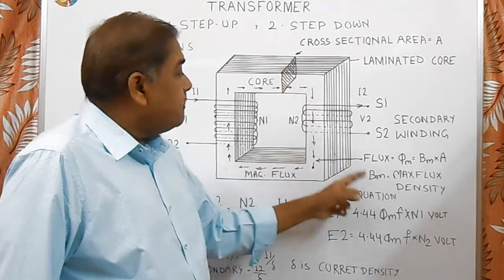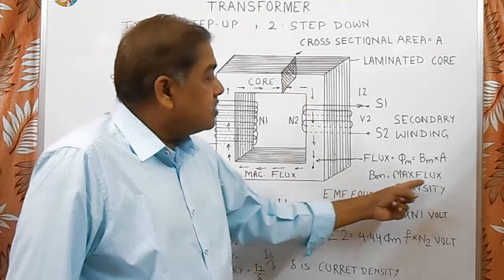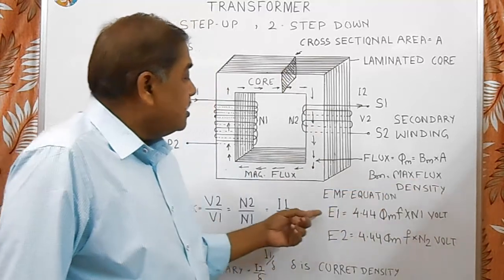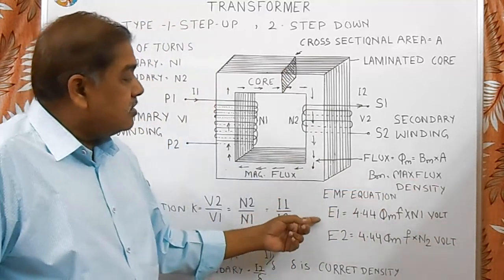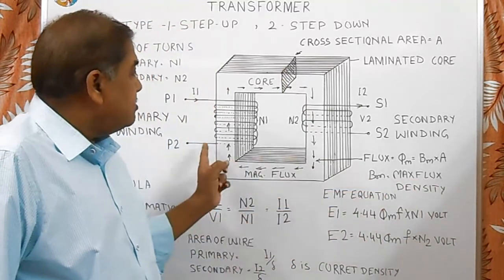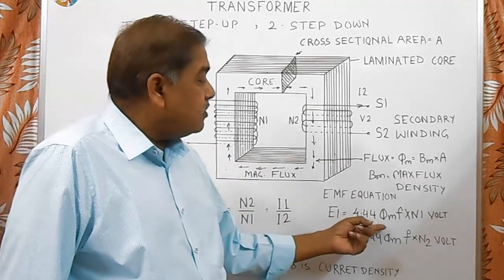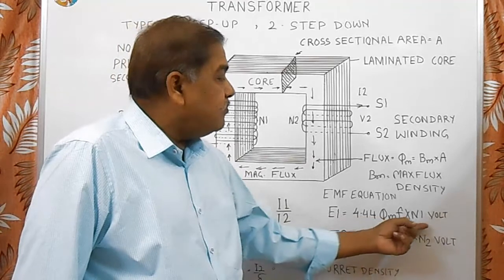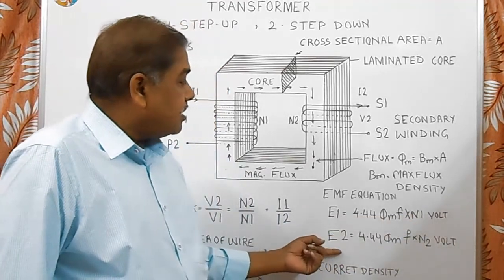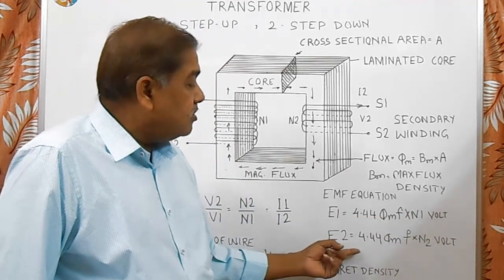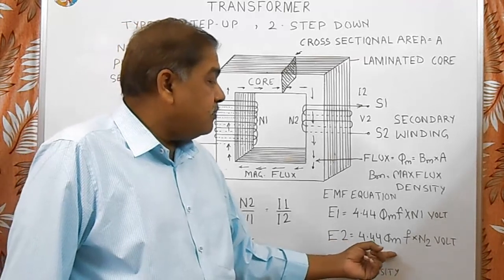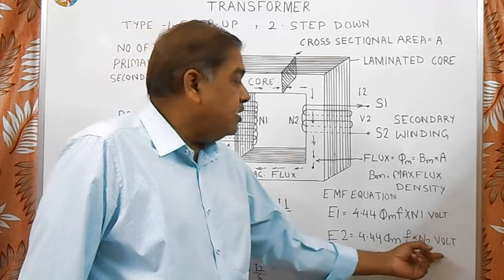Bmax is known as maximum flux density. The EMF equation of transformer: the induced EMF in primary winding E1 is equal to 4.44 phi max F N1 volt. Similarly, in secondary winding, induced EMF E2 is equal to 4.44 phi max F into N2.